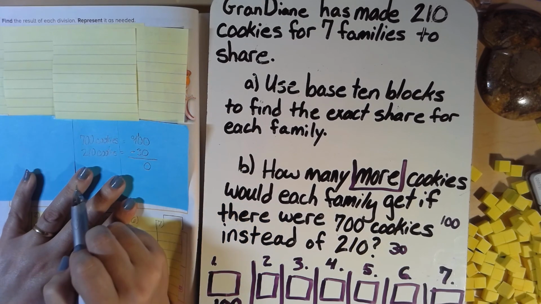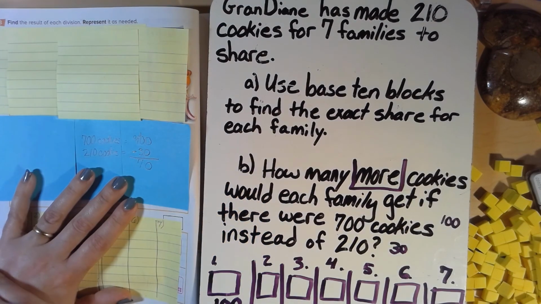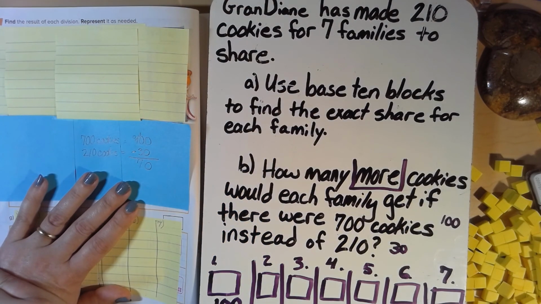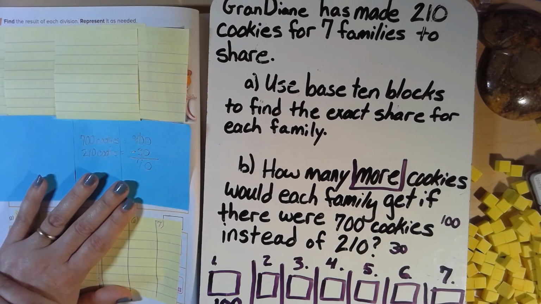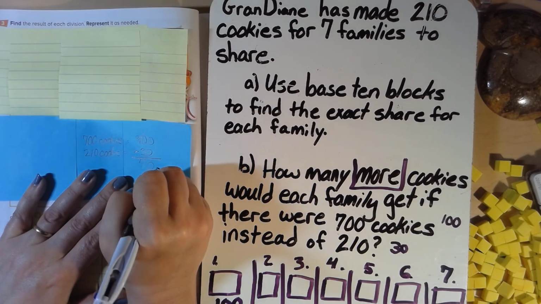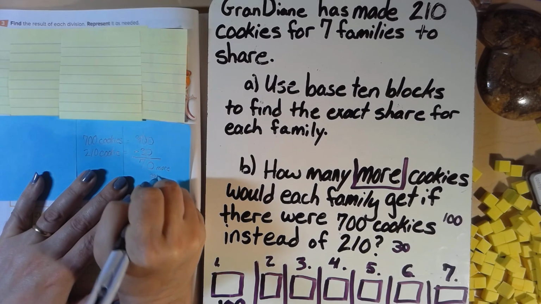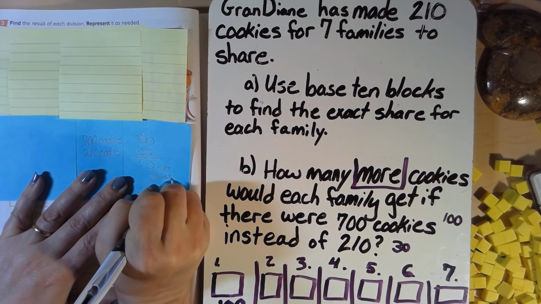So now I have 10 tens. 10 take away 3 is 7. So how many more cookies would each family get if there were 700 cookies instead of 210? Each family will get 70 more cookies.